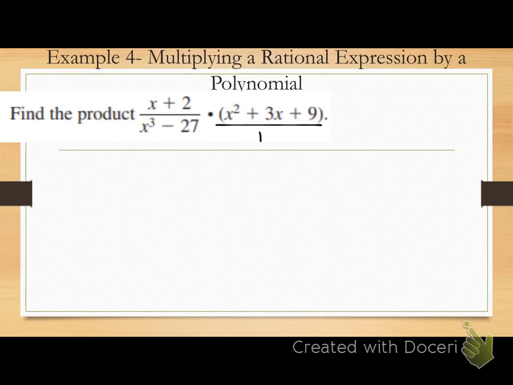A squared or A cubed? A cubed, yep. Minus b cubed equals what?